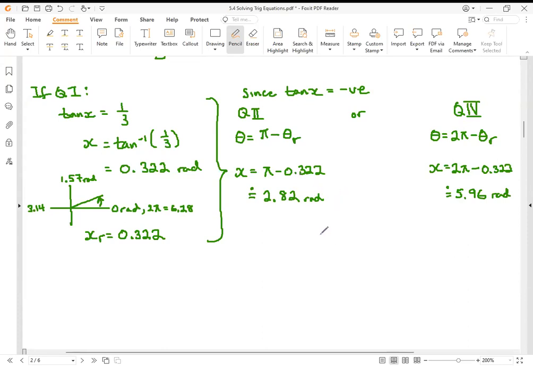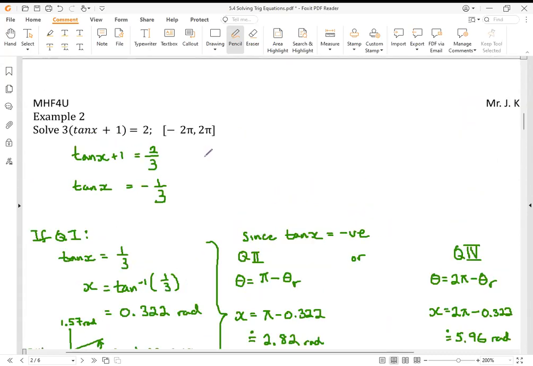Am I done? Almost. So this would be the end. End? Don't write end. I'm going to erase it. Okay. Is that the end? The domain that we covered is right now from 0 to 2 pi. I need the negative side. One cycle on the negative side.